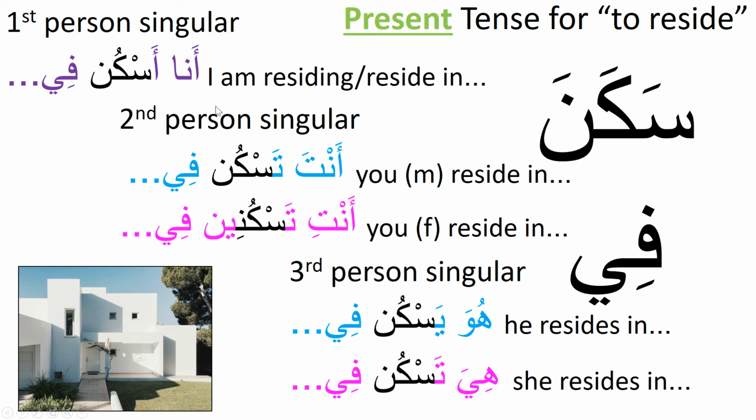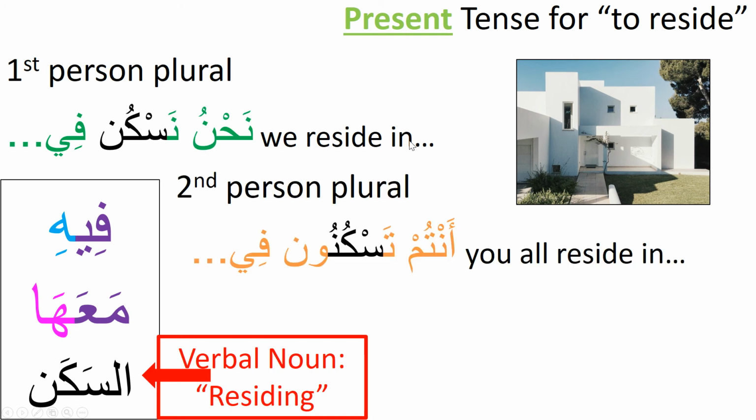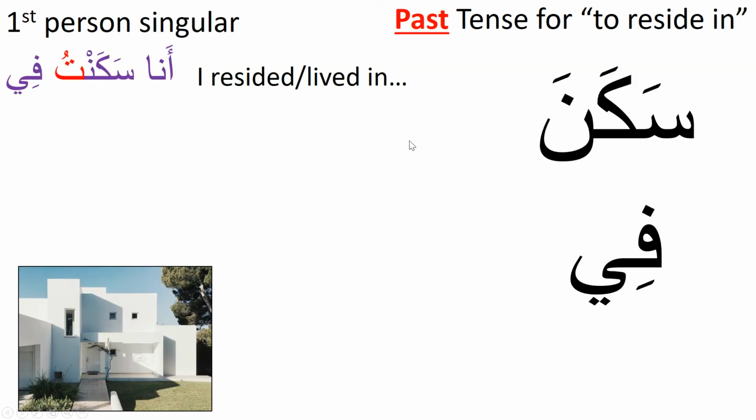But be careful here because when we switch to a past tense conjugation, notice how now we have two fathas instead, right? We have a fatha over the seen, a fatha over the kaf, and then the sukoon over the noon will change depending upon what conjugation it will be. So the stems change.